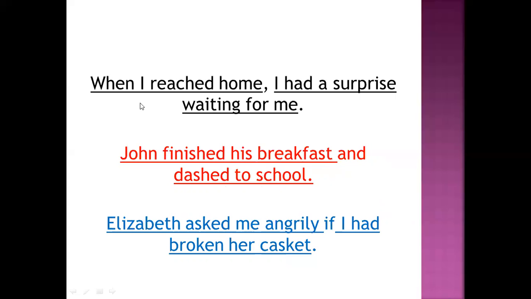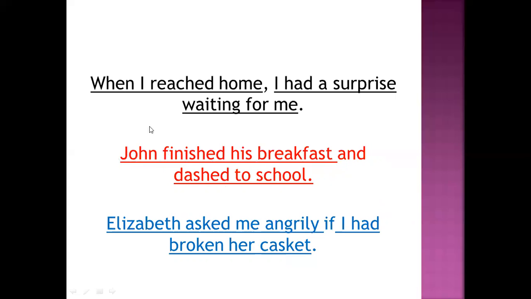The first example is a complex sentence because the first clause depends on the second clause to make its meaning clear. The second example is an example of a compound sentence because here we have the common subject. John finished his breakfast and dashed to school.